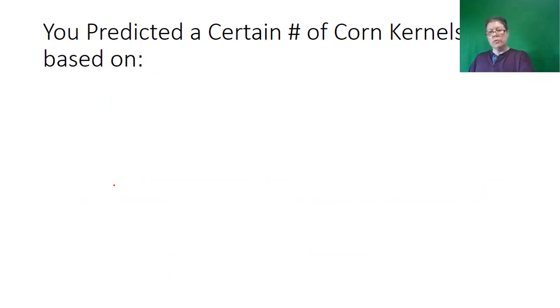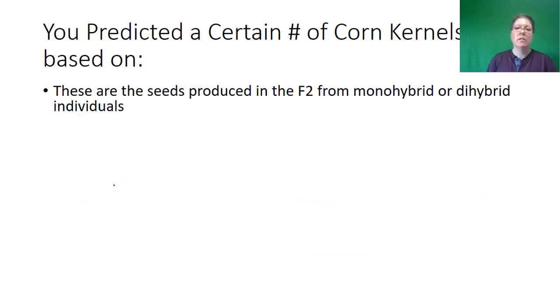So you're going to predict a certain number of corn kernels with each characteristic or trait based on this. These seeds are the F2 from a monohybrid or a dihybrid cross. So what we have done was we have crossed these corn plants, and then we have taken the offspring and crossed them again.